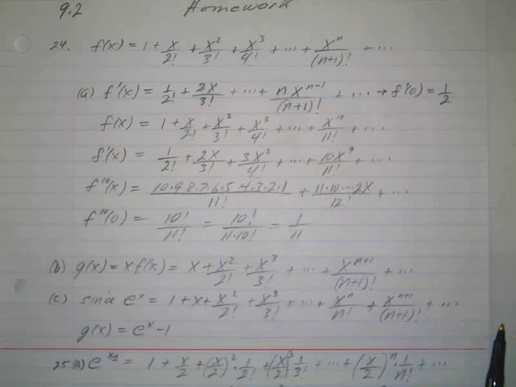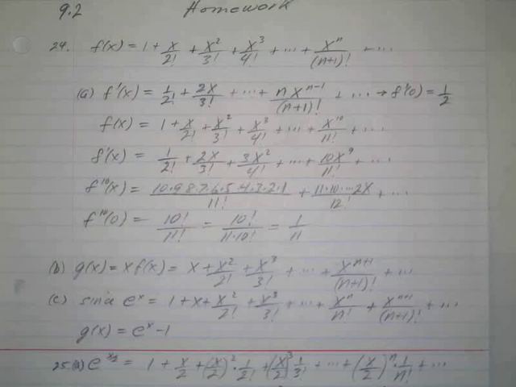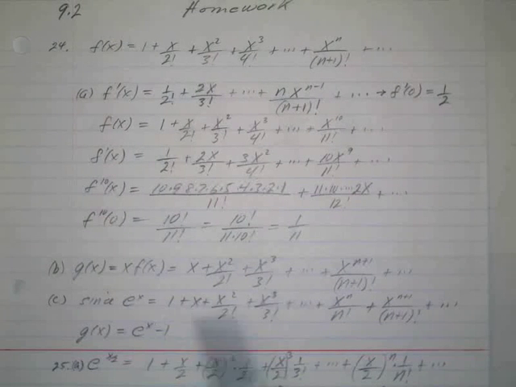So my g of x, and they want you to write g of x in terms of a familiar function without using series. Well, this is e to the x, and this is g of x, which is x times f of x. So it looks exactly the same as e to the x, except e to the x has a 1 and this doesn't.